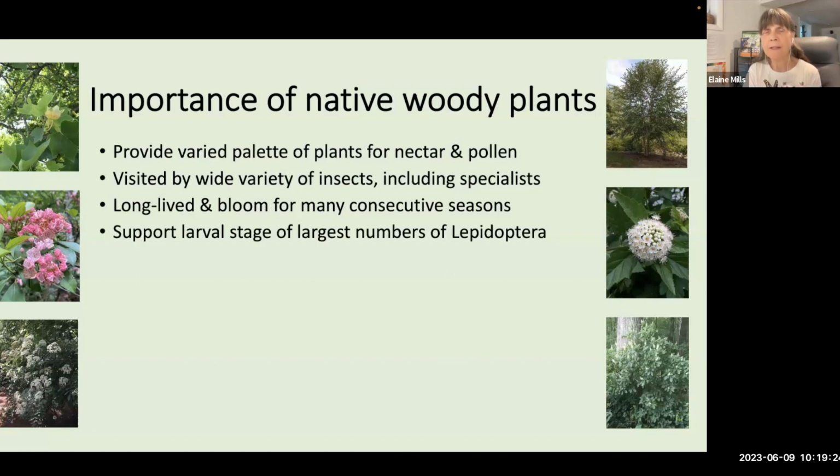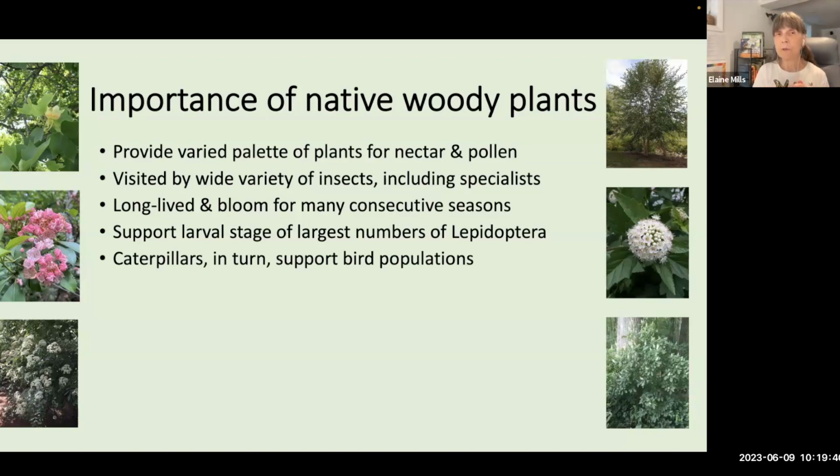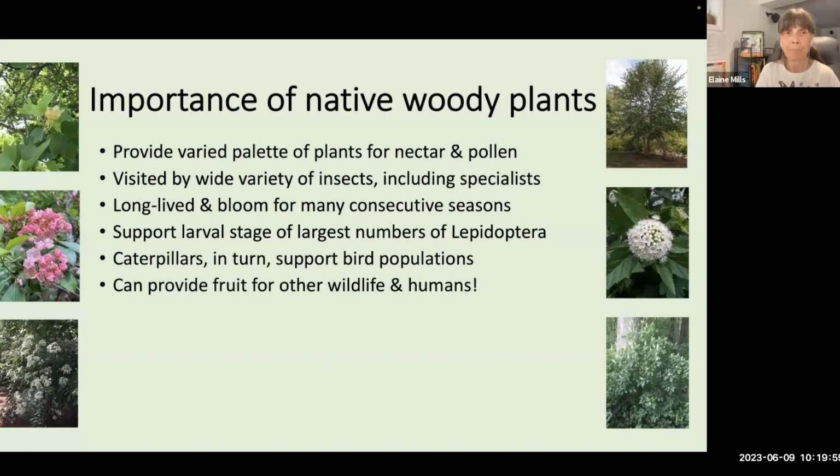It's been found in studies that woody plants support that caterpillar stage of many more species of butterflies and moths, our Lepidoptera, than the herbaceous plants do. And those abundant caterpillars, in turn, will be very critical to support our dwindling bird populations. It takes from 6,000 to 9,000 caterpillars to feed a nest of young birds for each season.